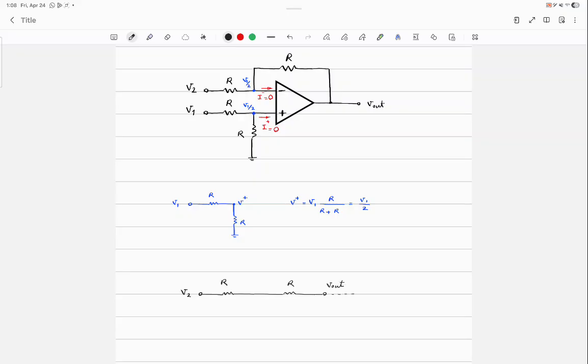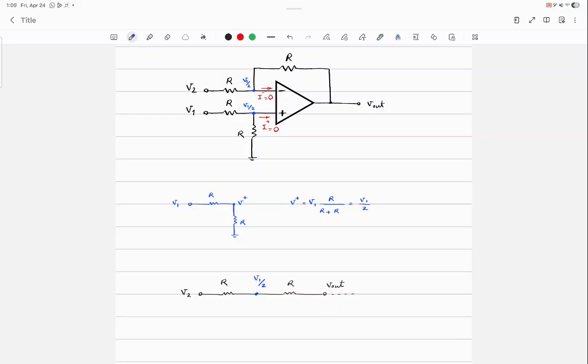Remember, I don't care what's after V out, and I don't consider the circuit to be open, because if you remember, the output current is not 0. So there is one more thing that I need to put on this equivalent circuit, and if I don't, I cannot solve the problem. What is that? The voltage between the two R resistors is equal to V1 over 2.